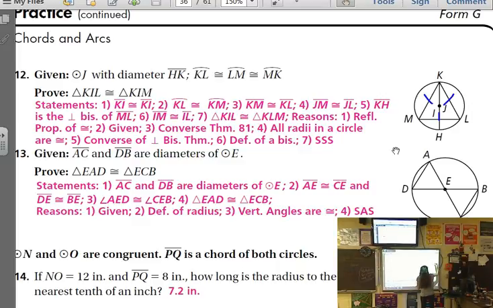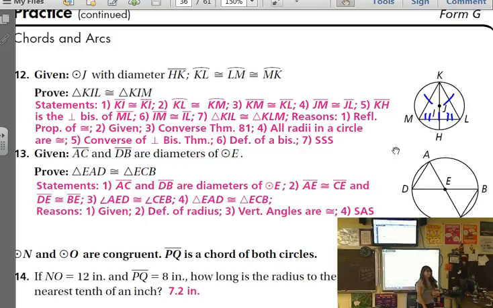And then the diameter, this is like a chord, so the diameter bisects it, and that makes each of these equal, and then it's like side, side, side because they share a side, and then these two sides are equal. I did not do a very good job of drawing that.